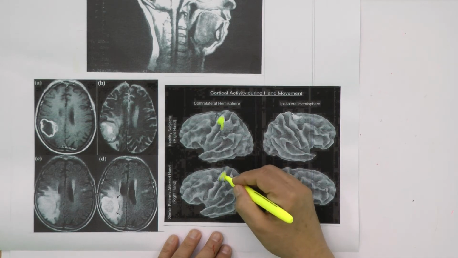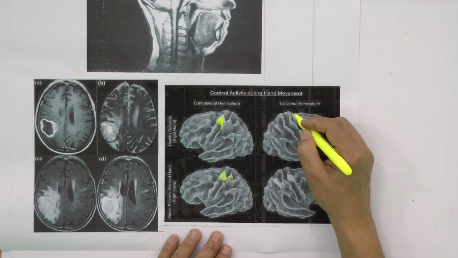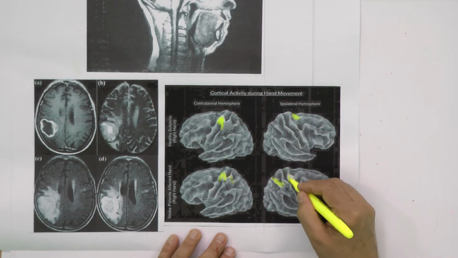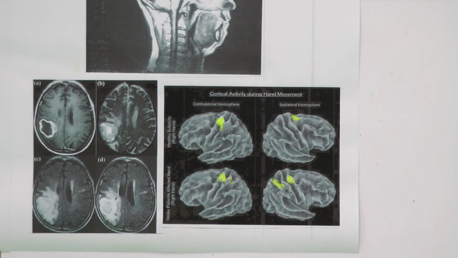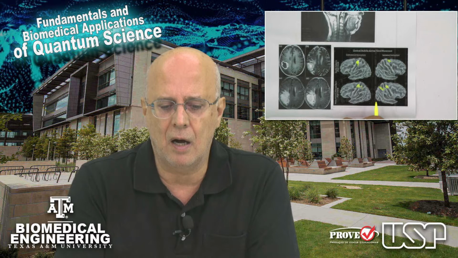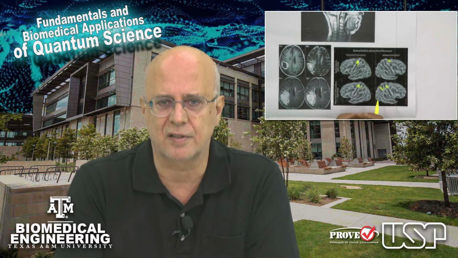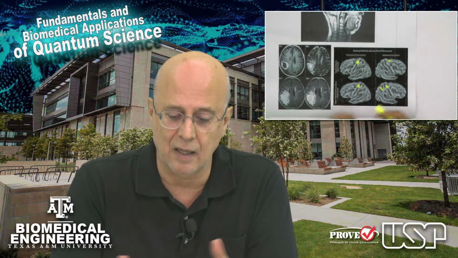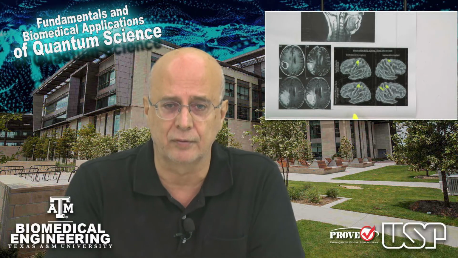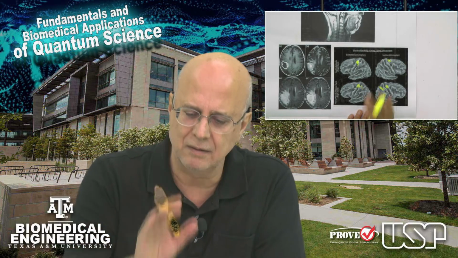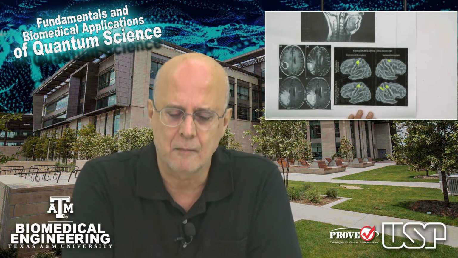And that region is moving around depending on what's happening, what kind of activity, what kind of emotion, what kind of everything. And then I can understand how the nervous system works, how the central nervous system works, how the brain works. And then I can do many, many wonderful things in science and biomedical engineering just by understanding that kind of thing.